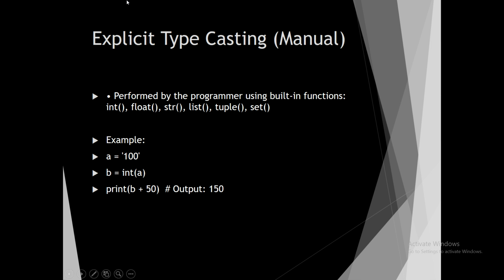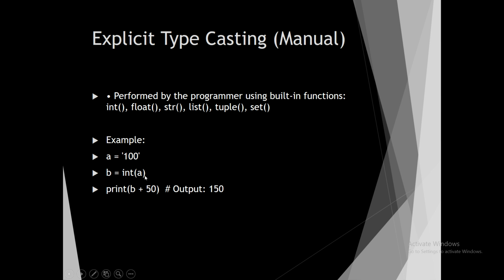Suppose you give a float value to int, it will convert into an integer. If you give an integer to float, it will convert to a float. Similarly for string, list, tuple, and set. For example, a equals 100 and b equals int of a. int is a typecasting function. We take the a value and it converts it. Here you can see the quotes mean string.